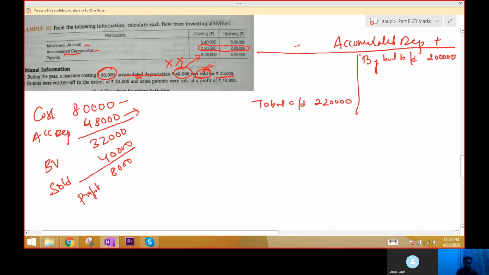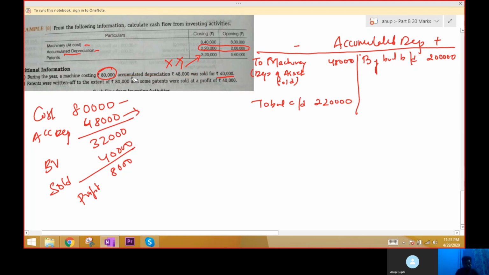That means the accumulated depreciation should be decreased by the amount of depreciation of the asset sold. So we will decrease it by writing to machinery account 48,000. This is the depreciation of asset sold. This is just for your information, to show where this amount has come from.